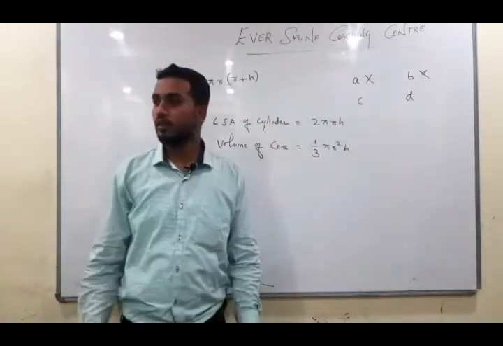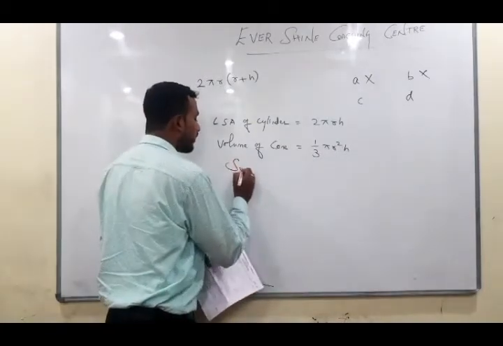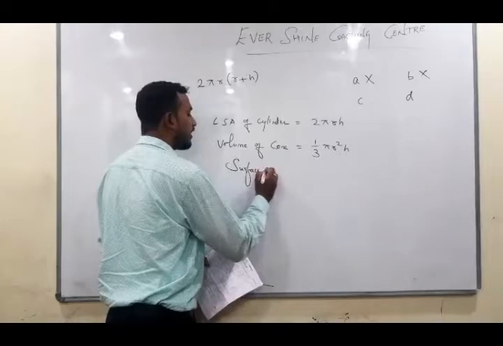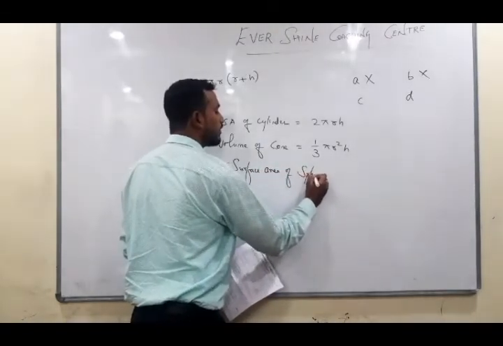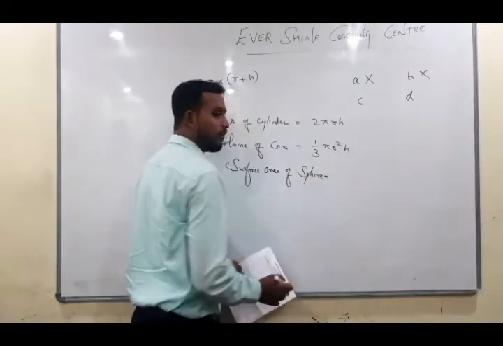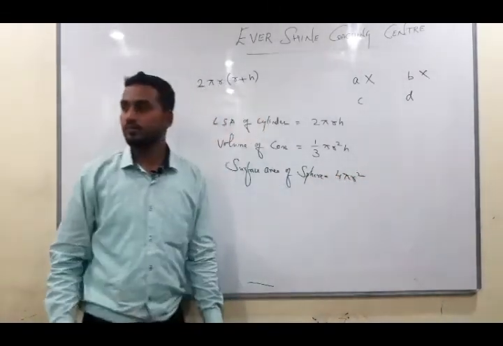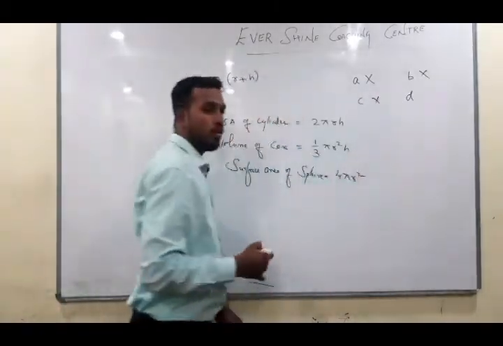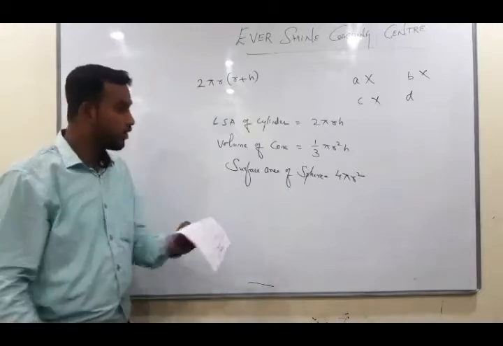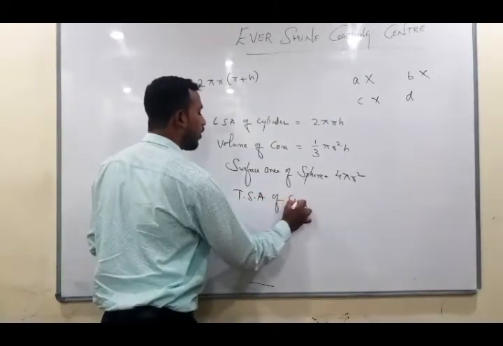Come back to option C. Surface area of sphere. We know that surface area of sphere is 4 pi r square. Is this 4 pi r square? No. Next, option D. Total surface area of cylinder.